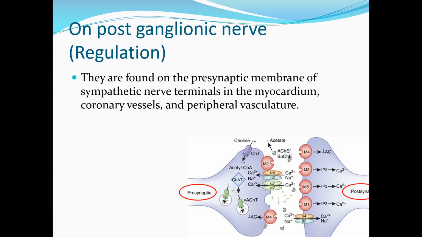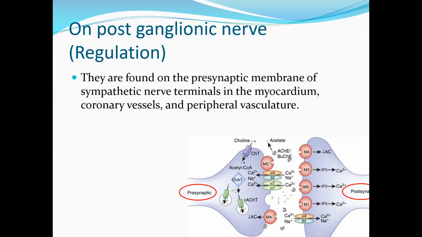Now, here we're going to talk about the postganglionic nerve, and you have to try to keep track of it so you don't get confused between postganglionic and postsynaptic. I'll try to use diagrams to help you not get confused. The postganglionic nerve is the one that comes from the ganglia and goes to the organ.